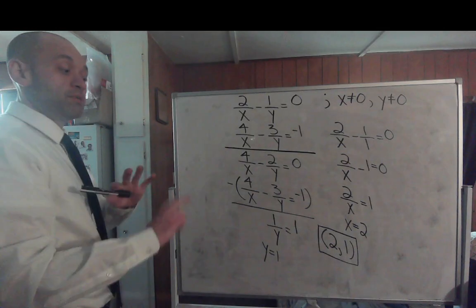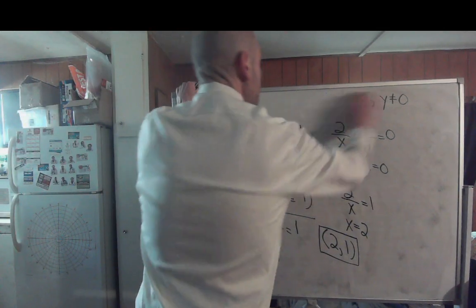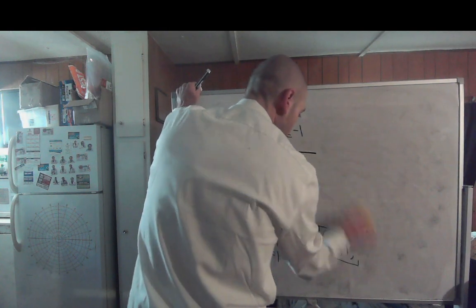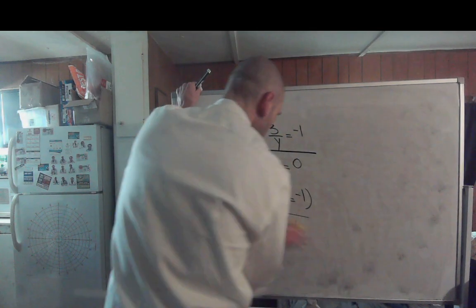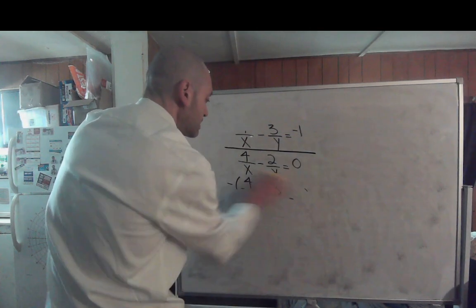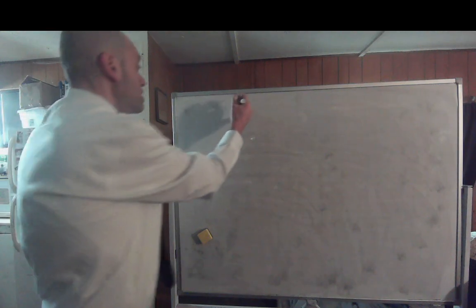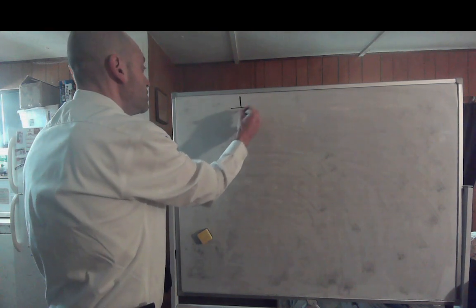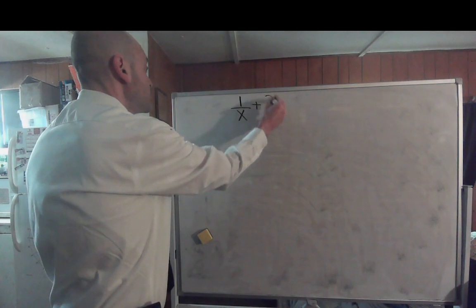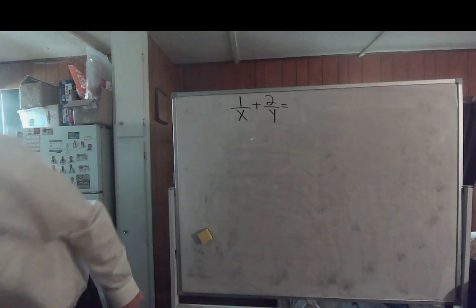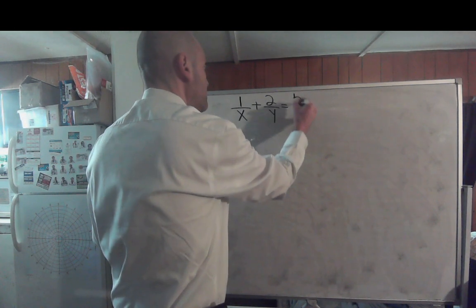Two more of these, then we're done with the lesson. Alright, we have 1 over x plus 2 over y equals 5.